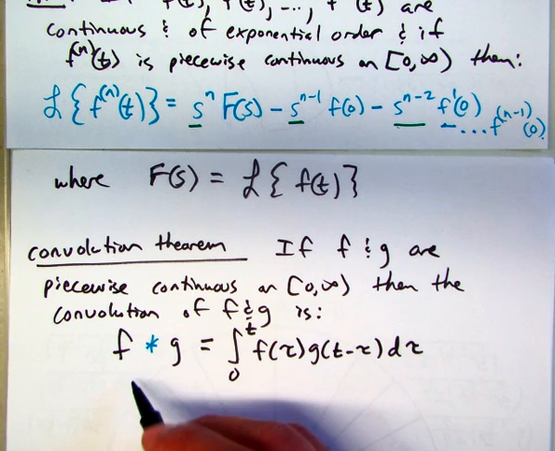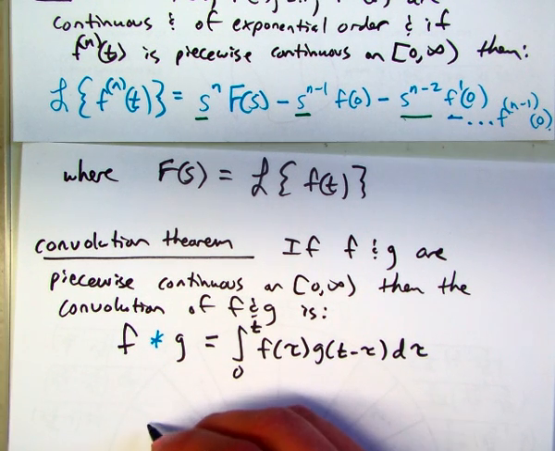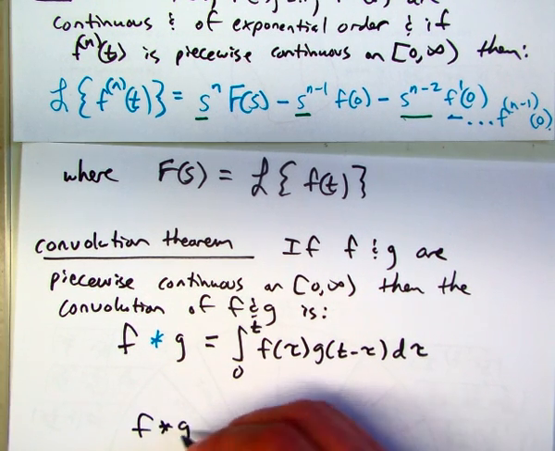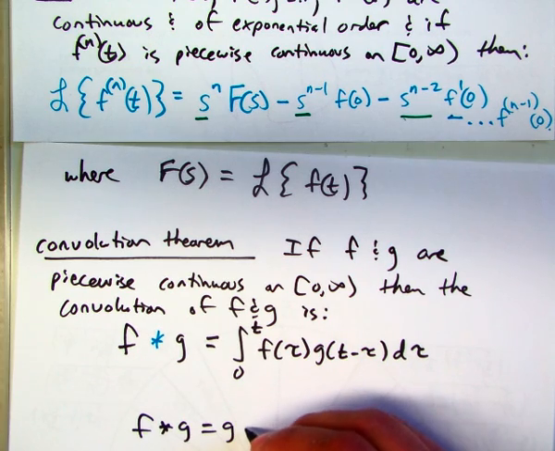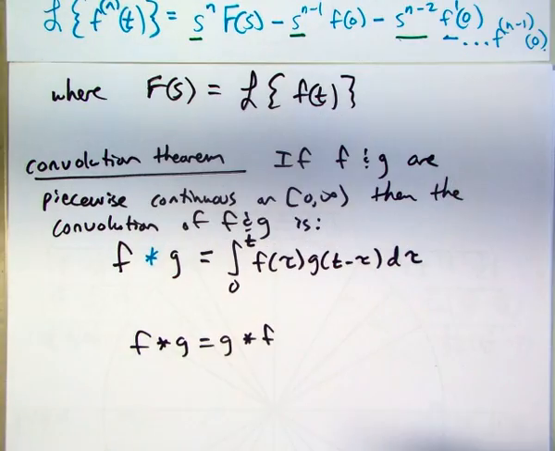The convolution of two functions commutes, so f convoluted with g is the same as g convoluted with f. You'll get the same result.